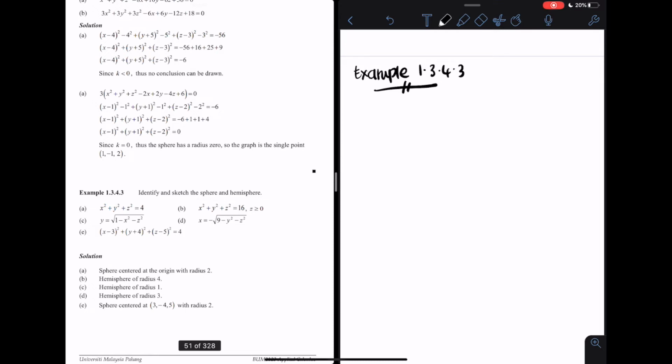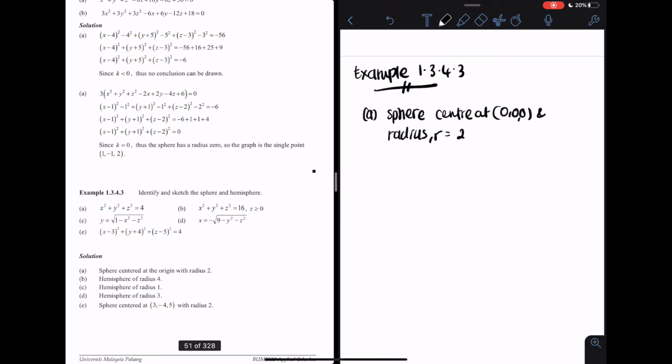For question A, obviously A is a sphere, centered at the origin and with radius 2.